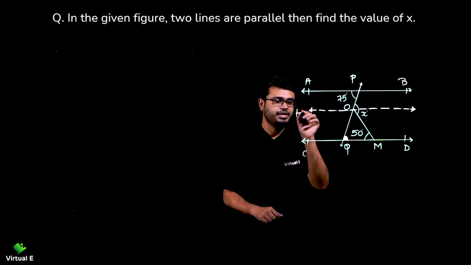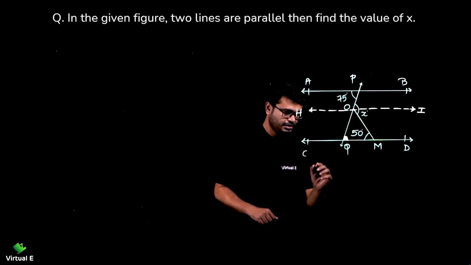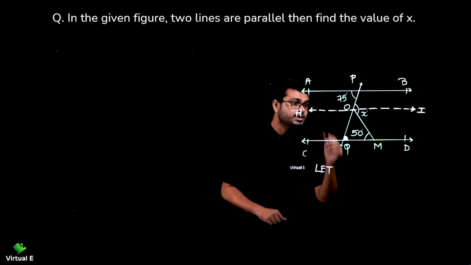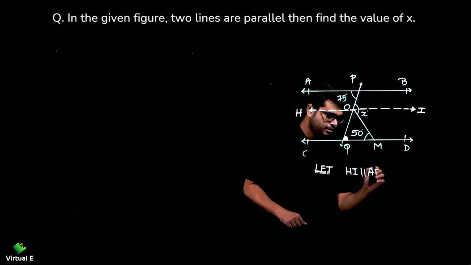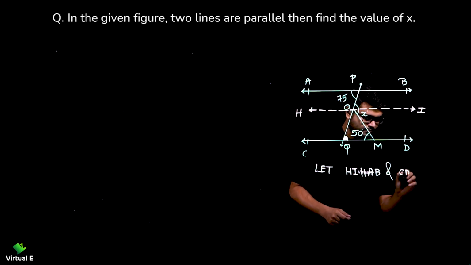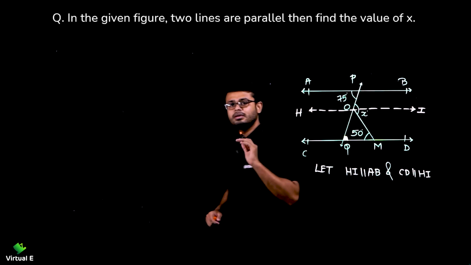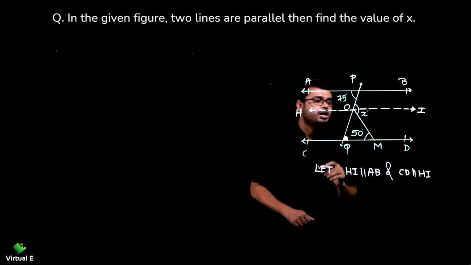Let's give it a name H and I. So first of all, let's write HI parallel to AB and another CD parallel HI. These two lines are already parallel. It's given in question.